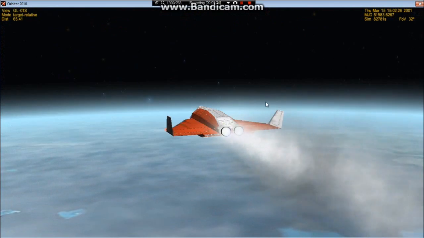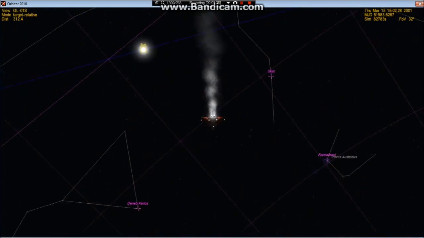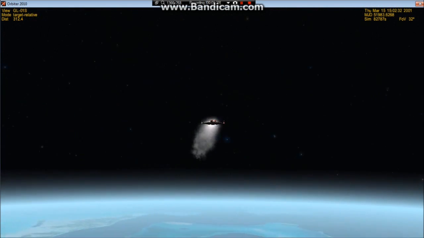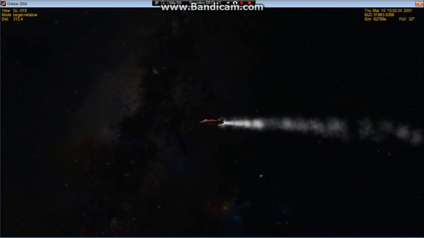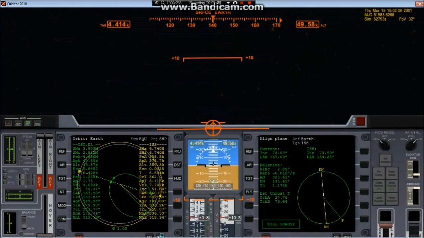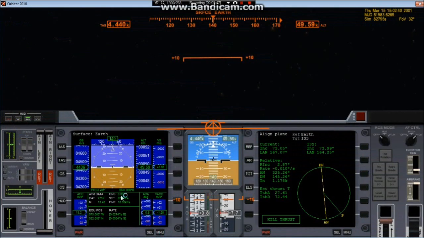So we are now at approximately 300,000 feet. So the sky is basically the blackness of space. You can see as well the density and pressure are counting down.